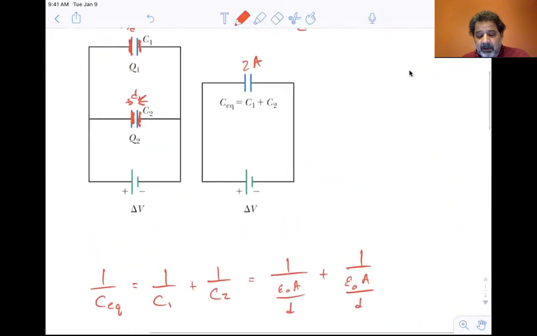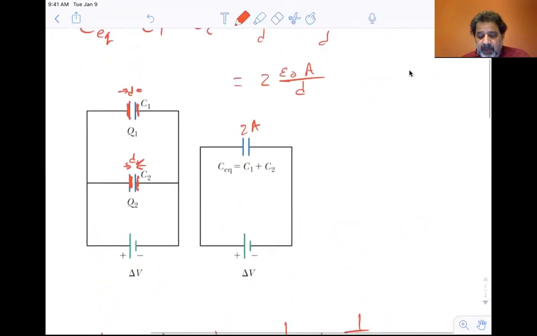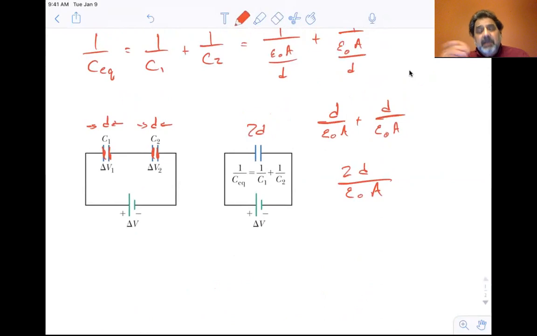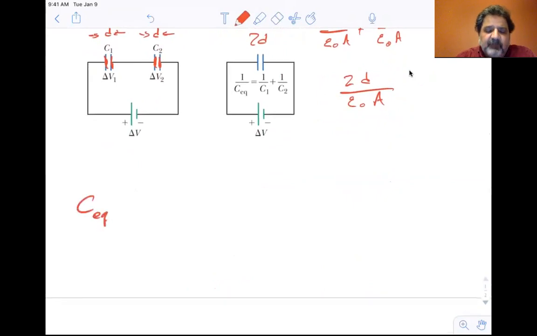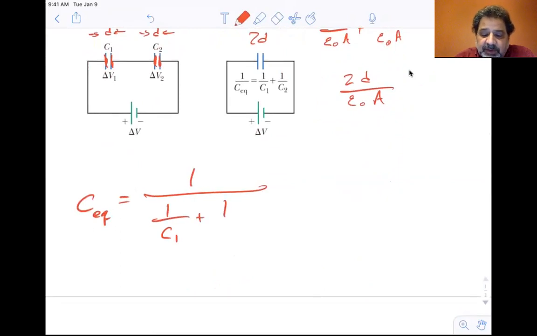In parallel, it's a straight addition, and in series, 1 over the C equivalent is equal to 1 over C1 plus 1 over C2. So you need to take the reciprocal of the addition before you take this.